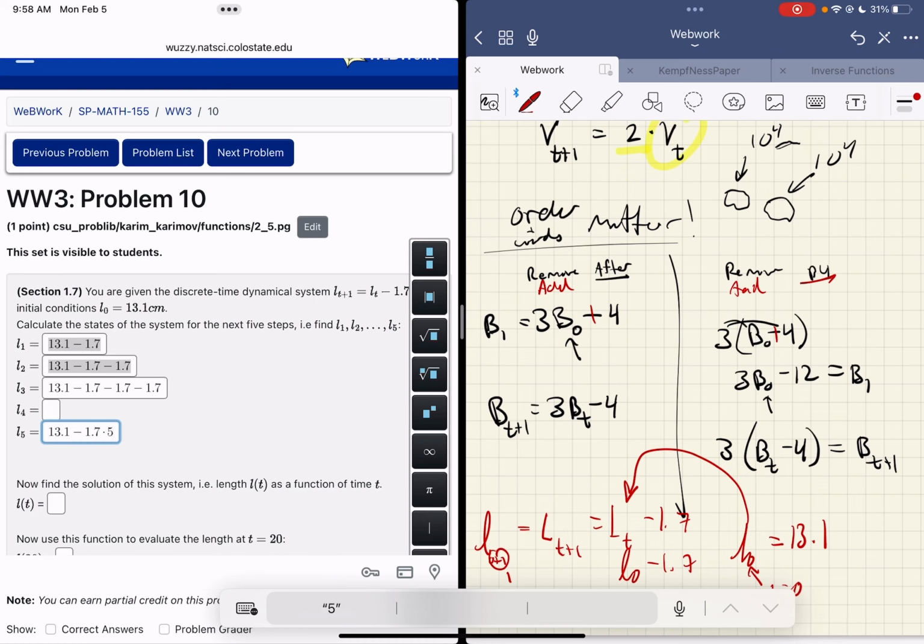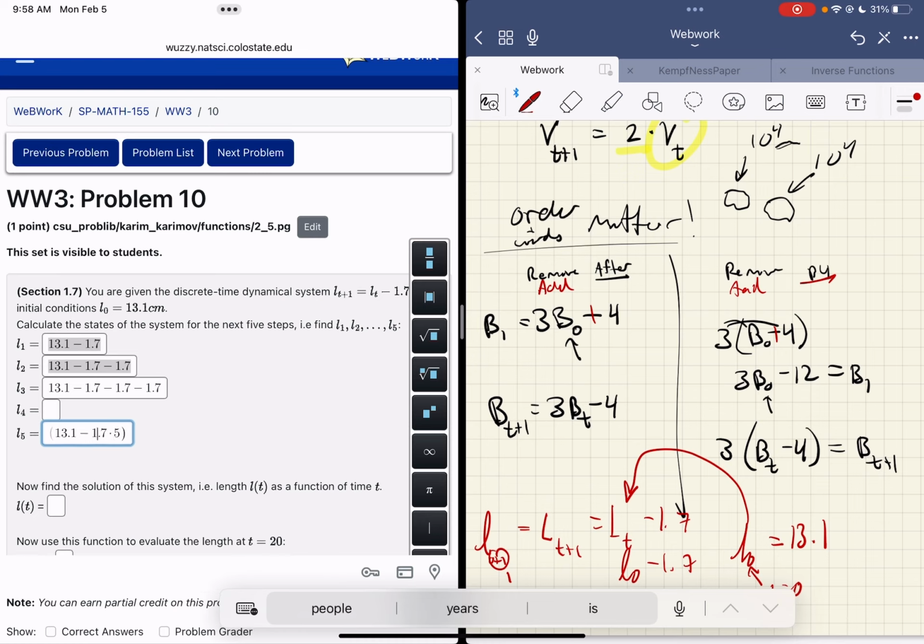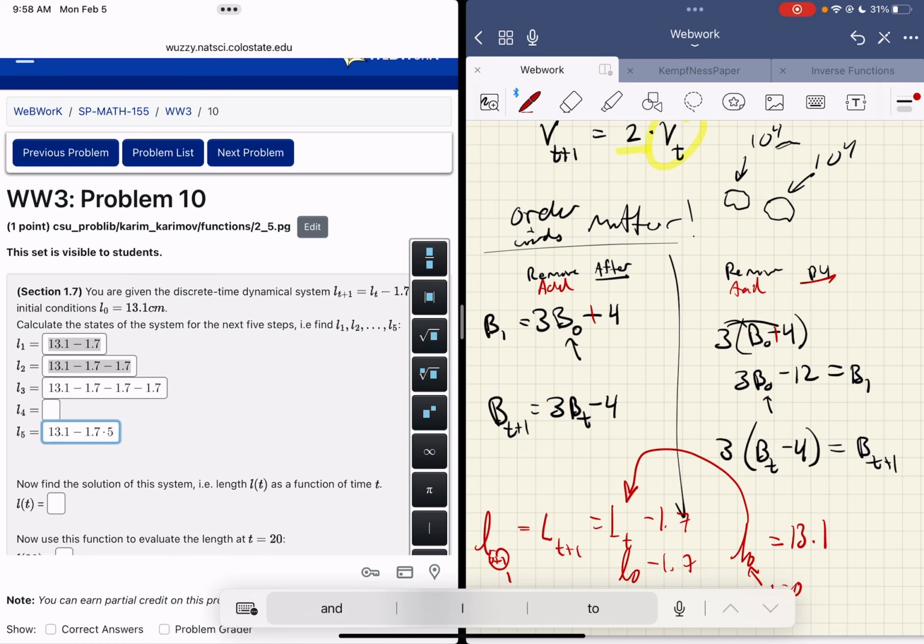You might feel more safe if I wrote it with parentheses, but it's the same thing because of order of operations. You are forced to do the multiplication first. Alternatively, I could have written this, it just doesn't matter. But L5 is going to be the initial amount minus 5 copies of 1.7, just like how L3 right here was the initial amount minus 3 copies of 1.7.